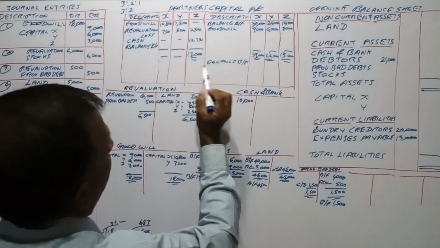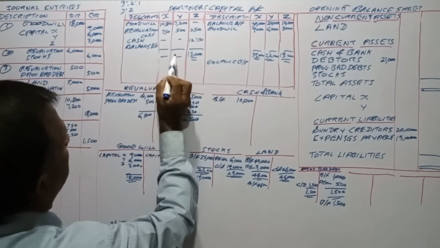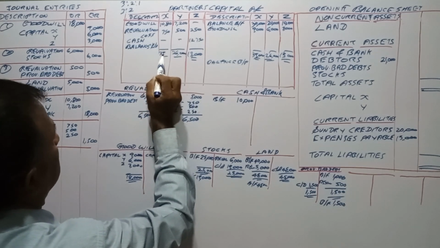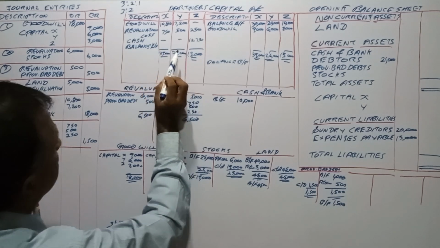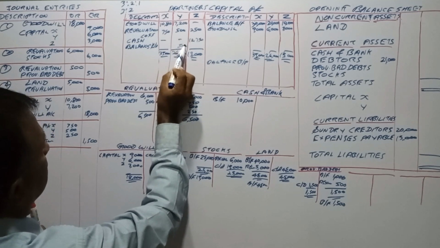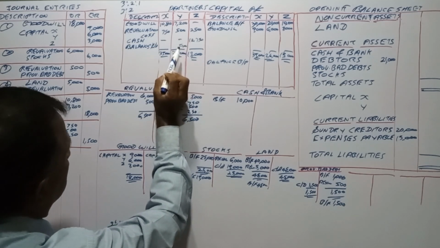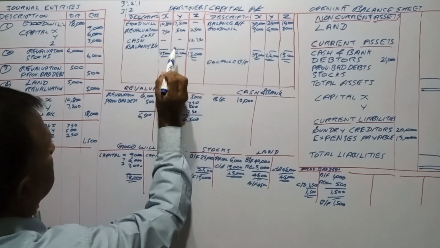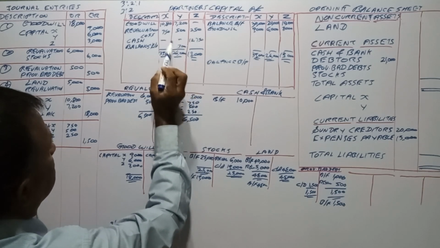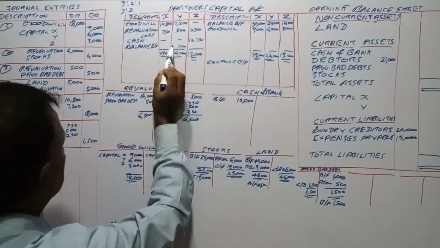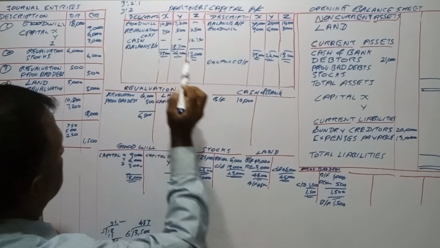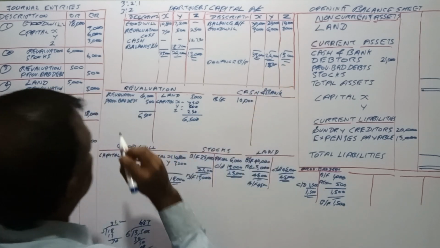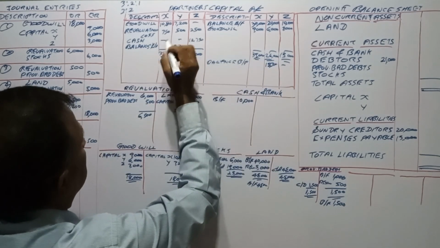Balance: 26,000, 26,000 and 39,000. 26,000 means, no, not 500, 300. 18,300, this is 39,000.